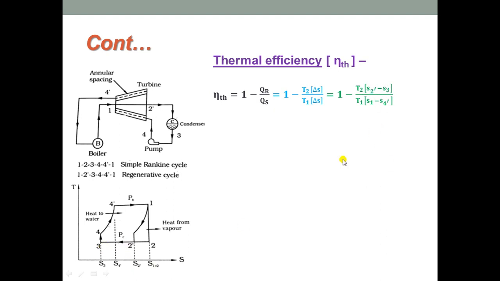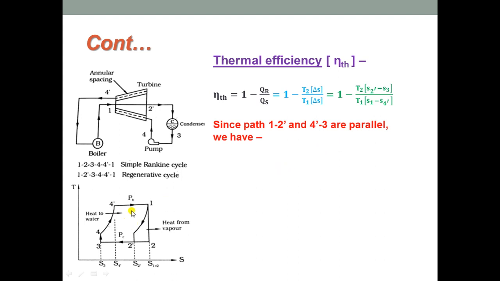Heat supplied is T1 delta S, where delta S is for the heat supplied in the boiler, written as S1 minus S4 dash in a regenerative cycle, since heat transfer takes place from 4 dash to 1.